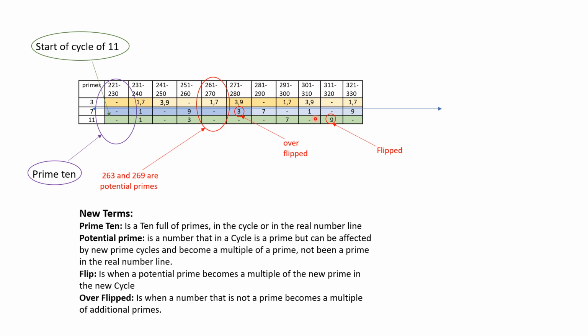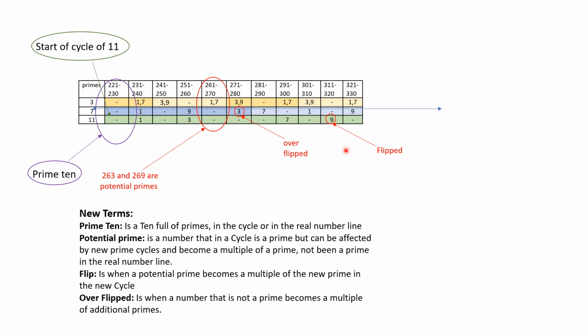Here is this one, the 9 here is a flipped potential prime. When you have, for example, in the 3 and 7 cycle, no 9 there, but the cycle of 11 comes and flips the 9, the 319, that won't be a prime anymore.